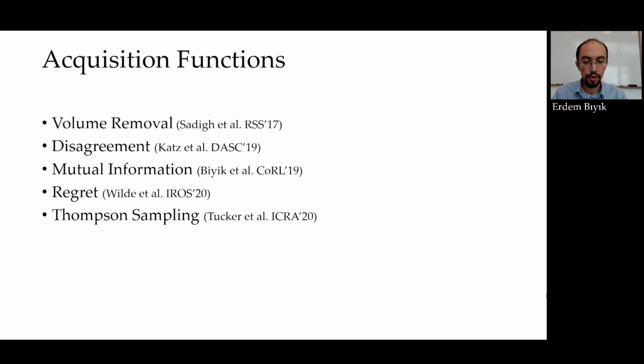Of course, the choice of acquisition function depends on query type, the task, and the overall objective. So the designers are not limited to these acquisition functions. They can easily add their own functions to the library.